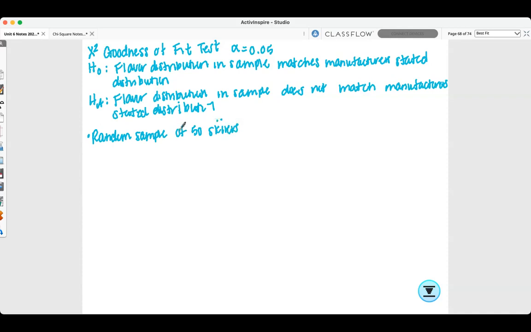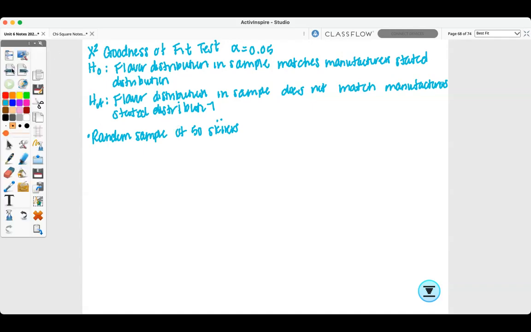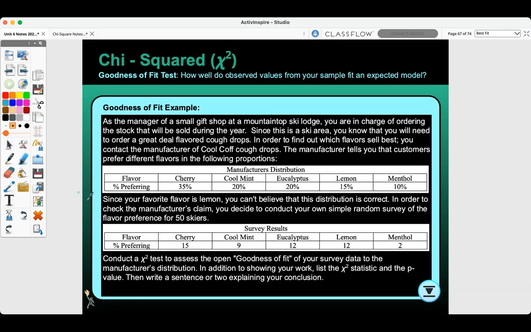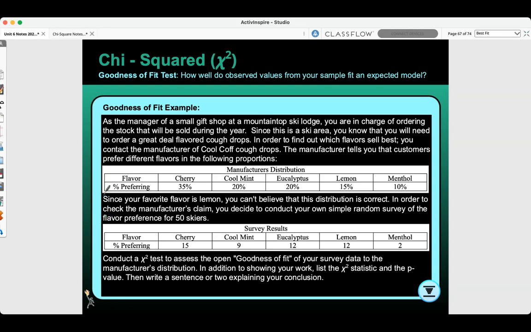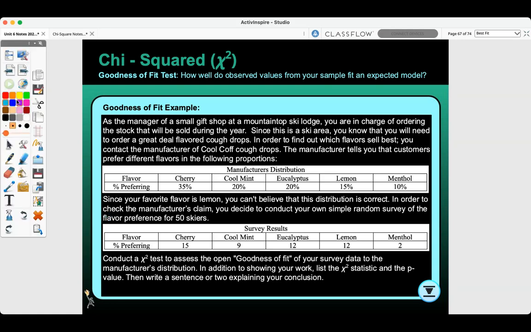However, we need to see if all expected counts are greater than or equal to 5 to give us a large enough sample. So you're going to go back to your data and you're going to go ahead and do this here. So what we have is this table here. This is our survey results. Okay. So our actual survey results are going to be our observed values.